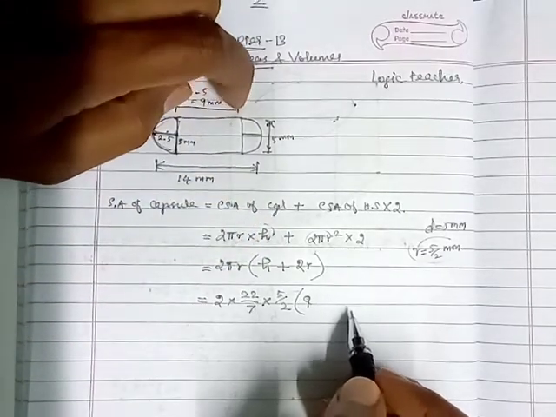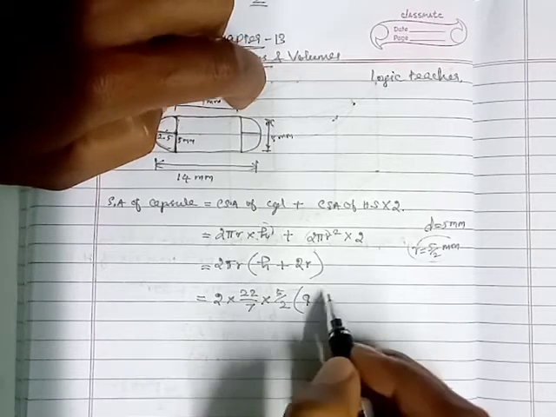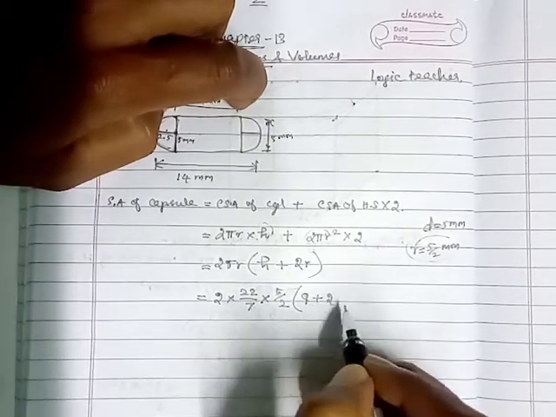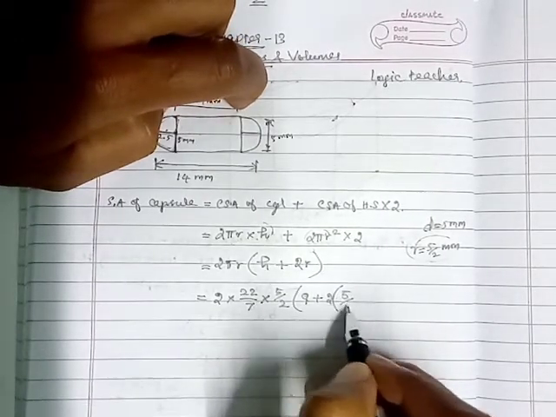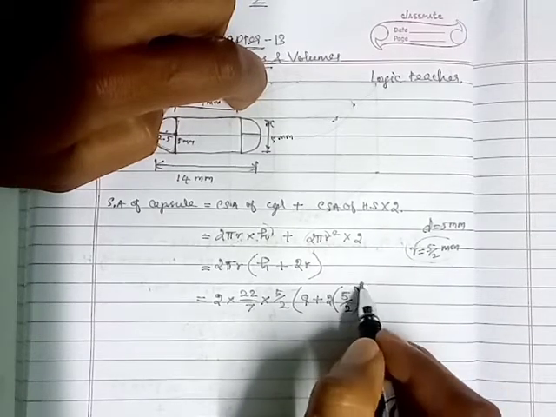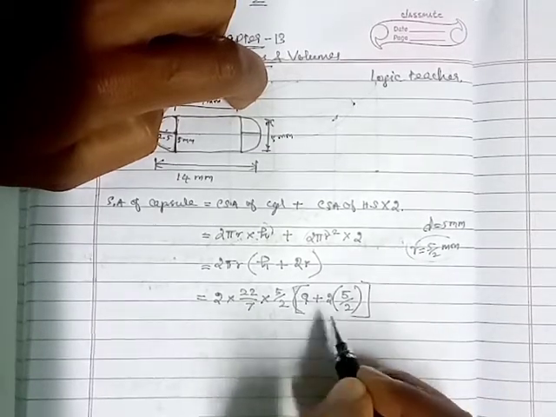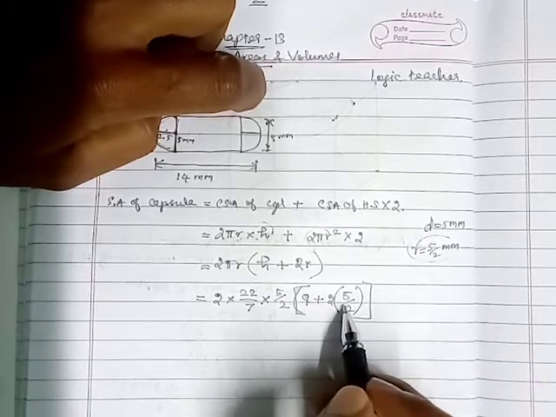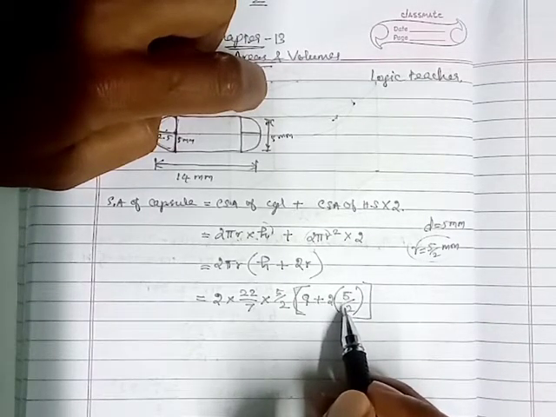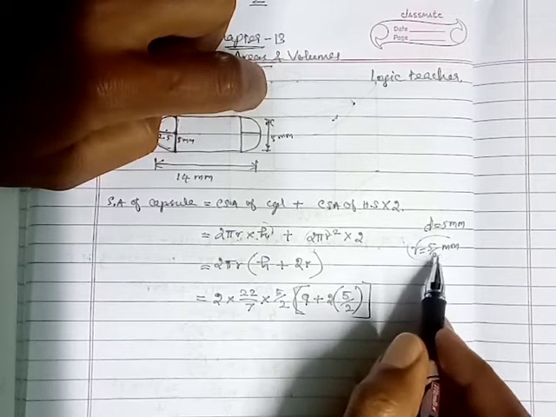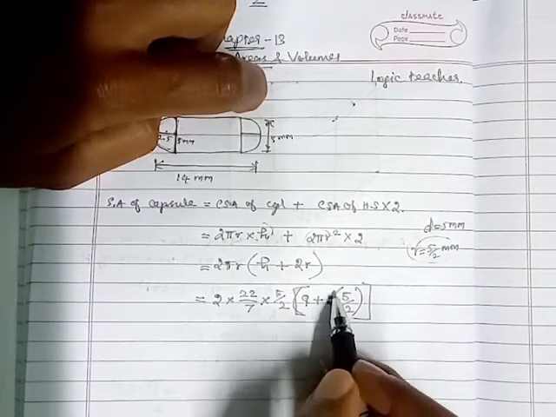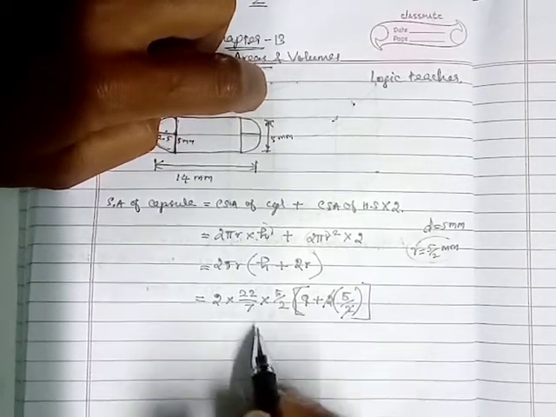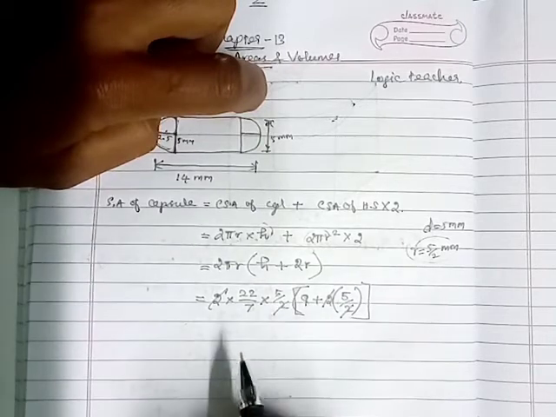Sometimes you will get confused with this. So 9 plus 2 into r, actually 5 by 2. If you had done the division here, it would be somewhat difficult to multiply. If you keep it like this, 5 by 2, we can easily do the calculation. Here 2 and 2 get cancelled.